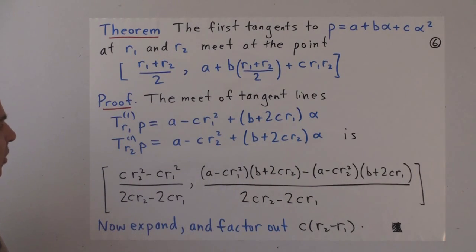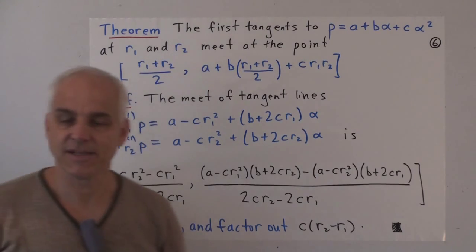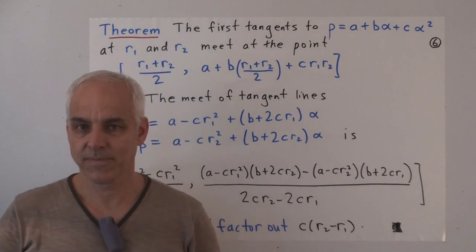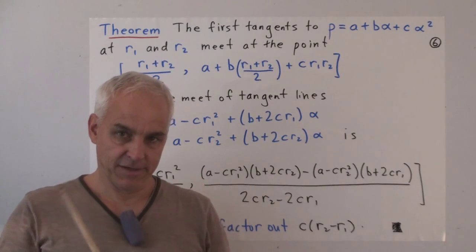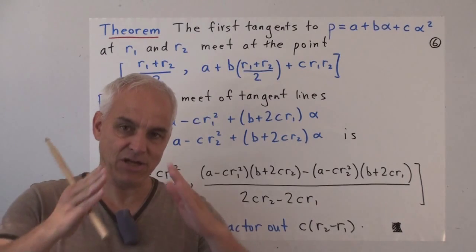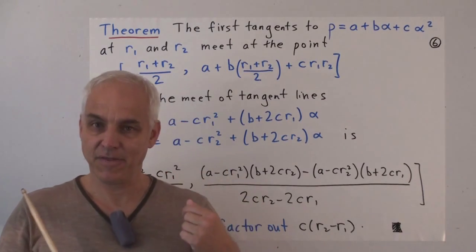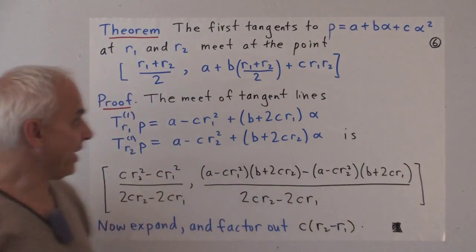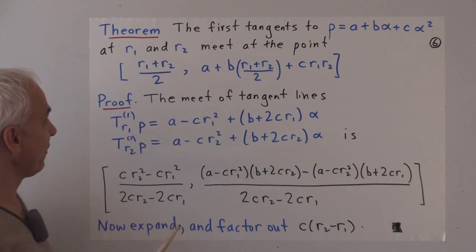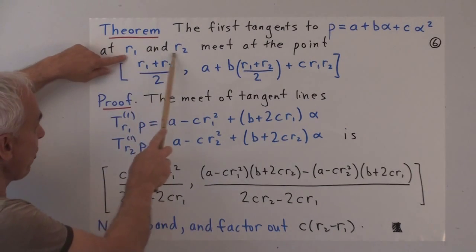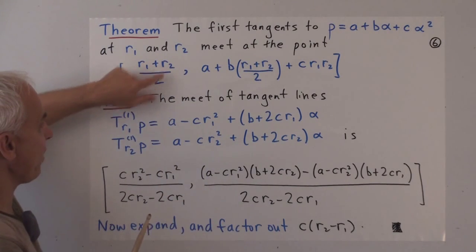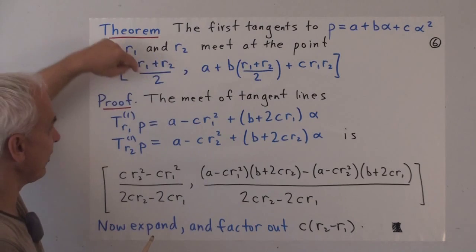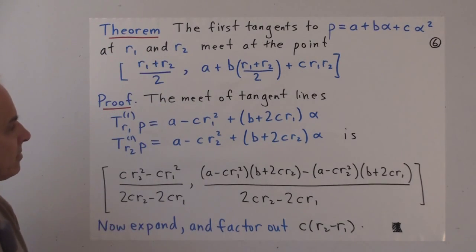Now, the interesting point that answers an exercise that I gave you in the last video. In the last video I asked you to explain this phenomenon that two tangents were meeting above their midpoint. And here what we see is this is a very general phenomenon that the x-coordinate of the meet of these two tangents is always exactly halfway between the two coordinates. In other words, it's the average.